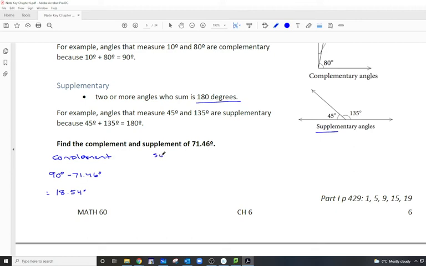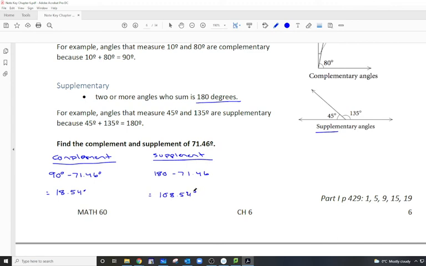Then the next thing is to find a supplementary angle. So to find the supplement, they add to 180. So you would go 180 minus 71.46, which is 108.54 degrees.